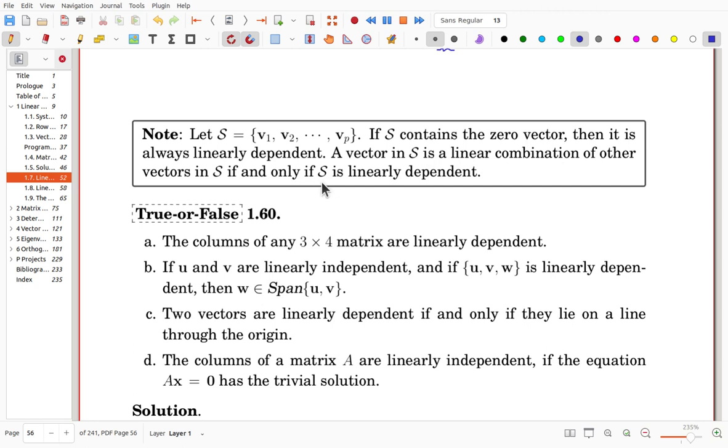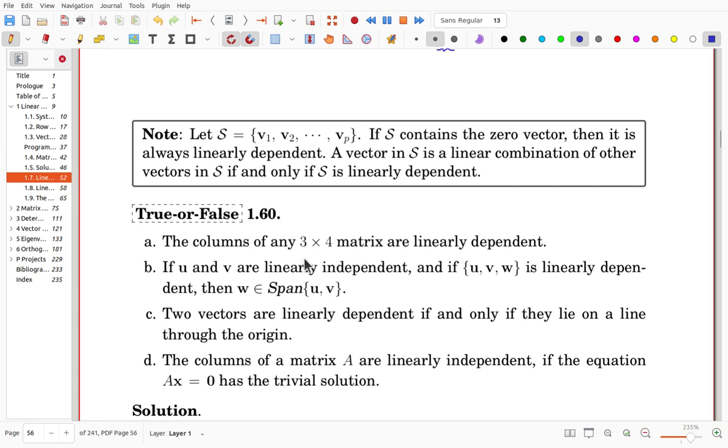Okay. Now we'll go to true or false problems. Let's say the columns of any 3x4 matrix are linearly dependent. Is it true? It is true.